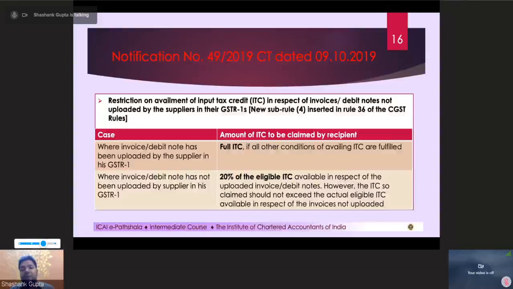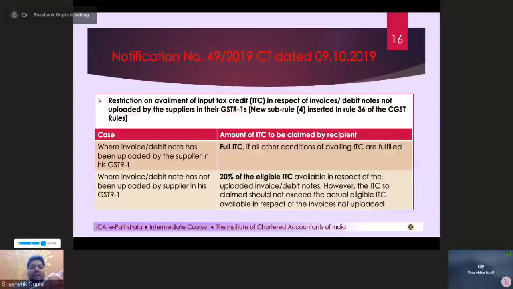When GST was introduced, the idea of the government was, and it was a wonderful idea, that every taxpayer will file 3 returns. What are those three returns? First, he will file GSTR1, that is the details of his outward supplies.